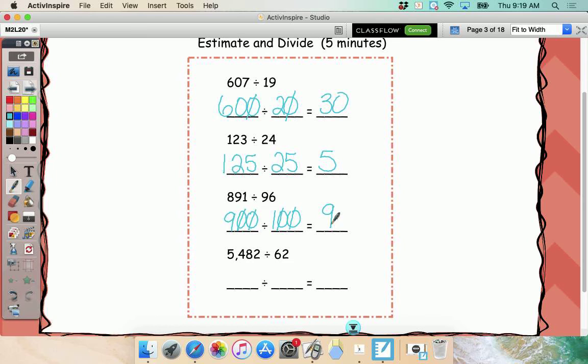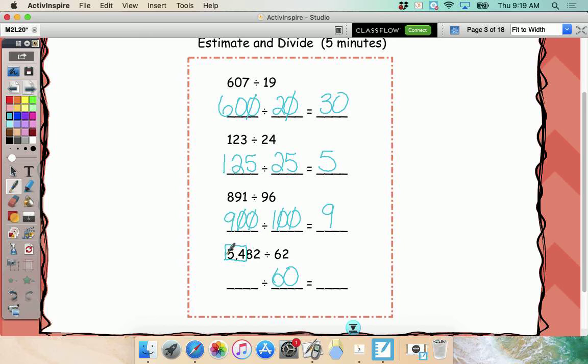Okay, so the next one. 62 rounds to... So you're going to spend a lot of time in the next few weeks just looking at those first 2 numbers out of a 4-digit number. Okay? So I'm just looking at the 6 and the 54 right now. Will 6 divide evenly into 54?